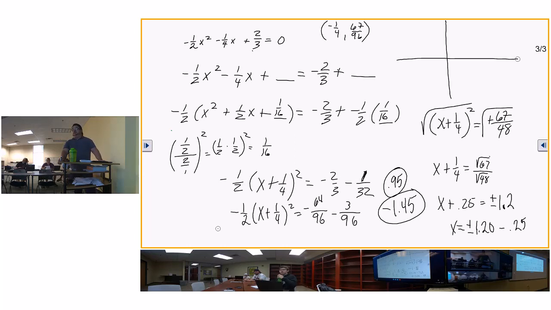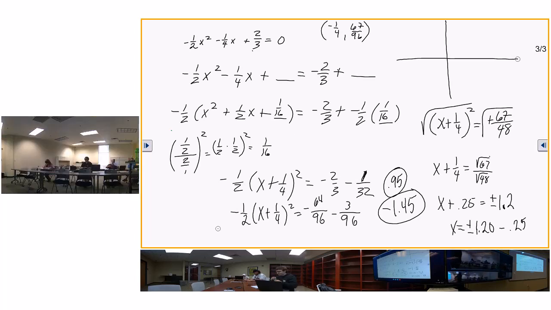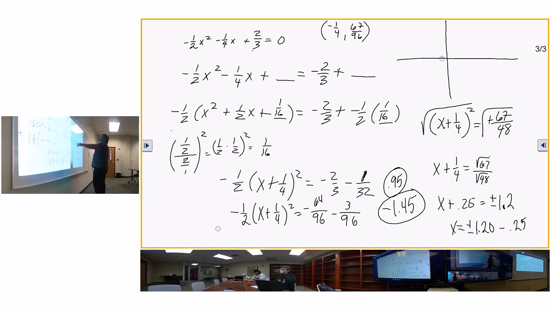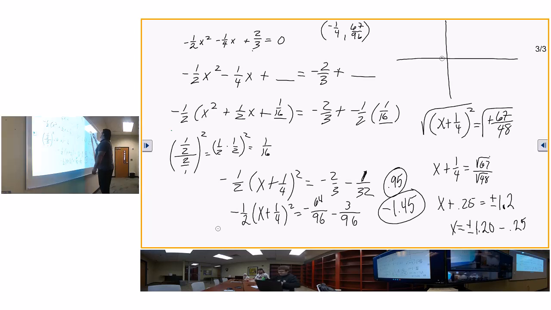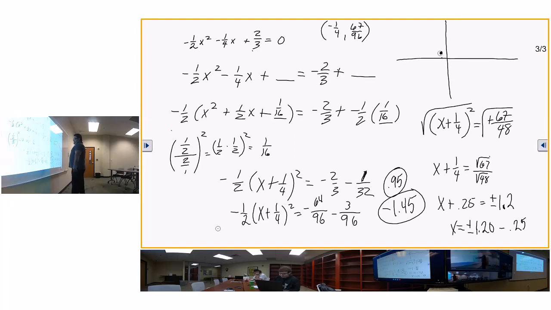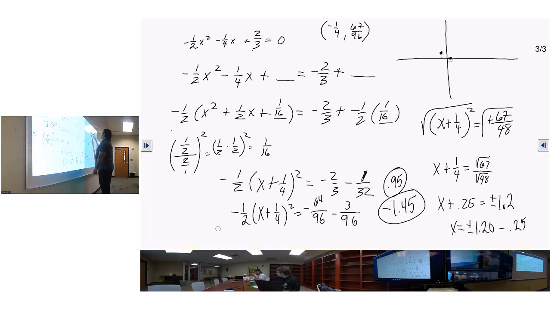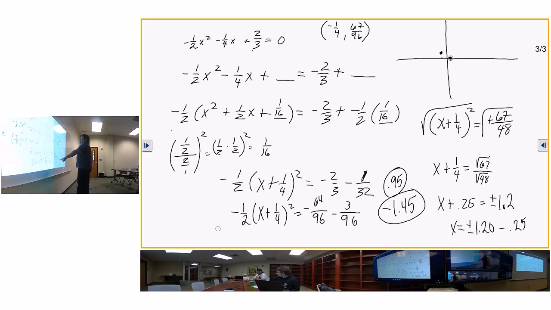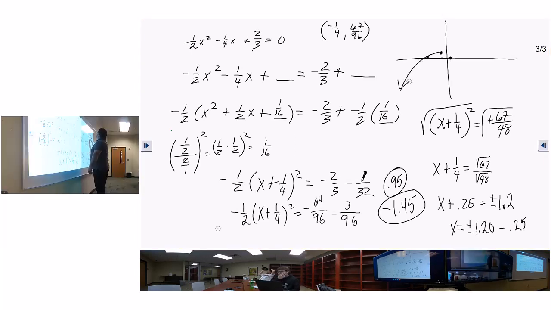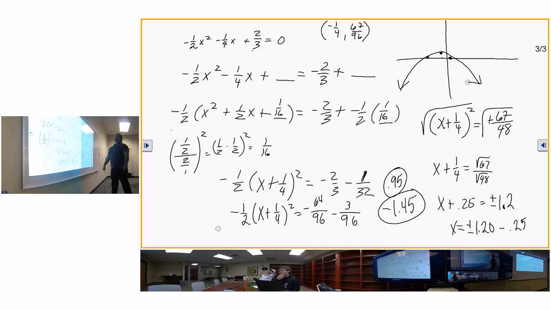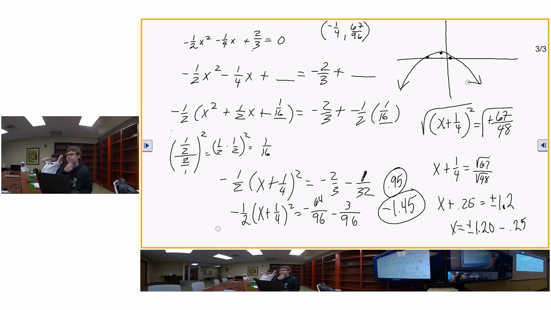Yeah, exactly. So negative 1/4 is negative 0.25, and then what'd I say that was, 0.67? So 0.67 is going to be right there. And then we got 0.95, which is right there. And then we got 1.45. Why is it so wide? It's because of the 1/2.